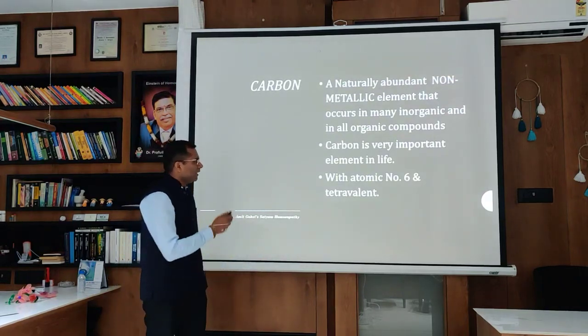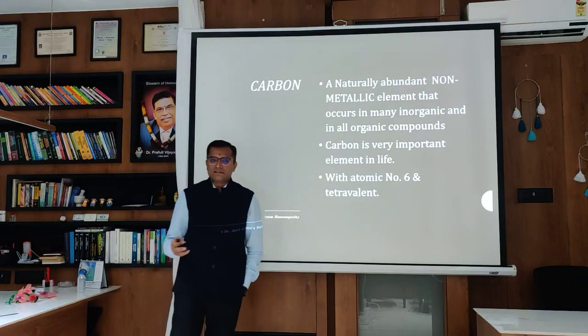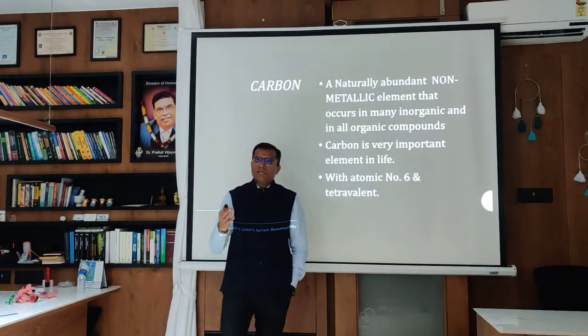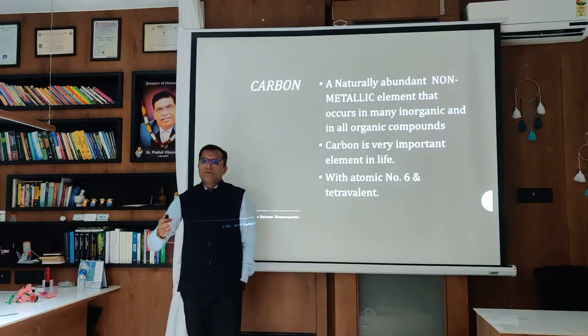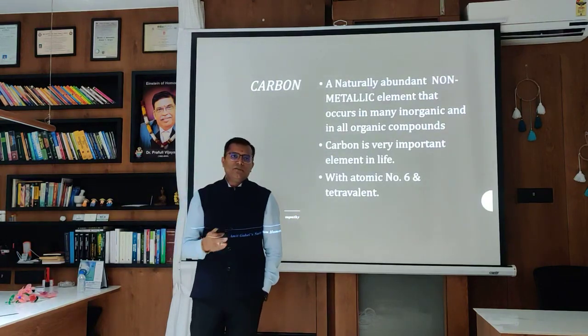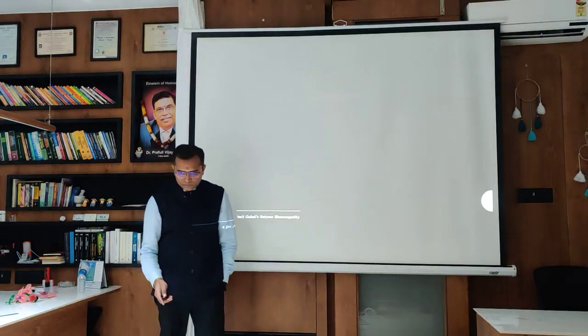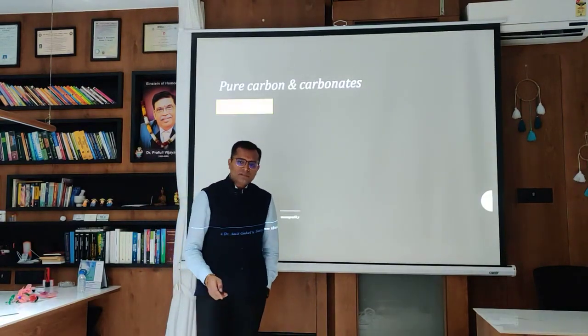The atomic number in the periodic table is 6 and it is tetravalent. That means 4 electrons are attached with the carbon and it forms different components of the carbon. So pure carbons and carbonates.